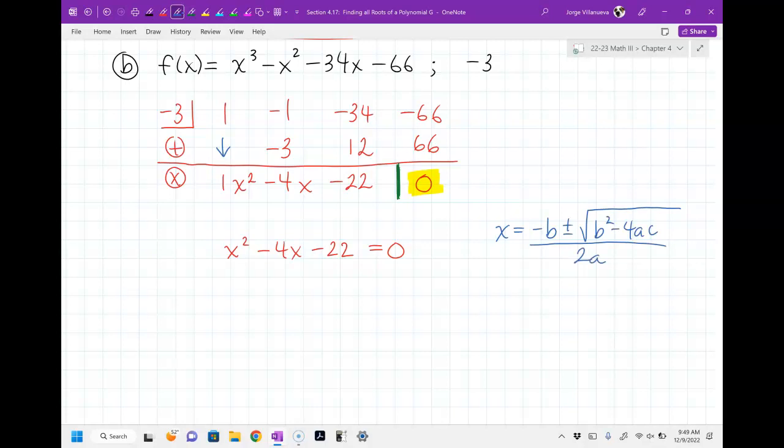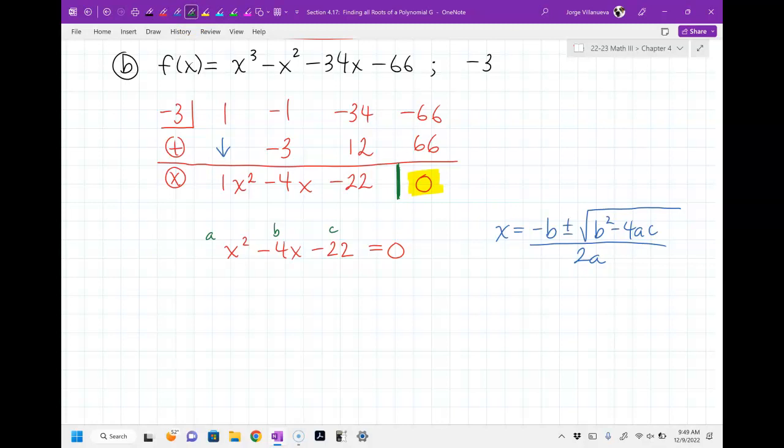And you're going to use that to find your other missing solutions. Because you can't use the x method, unfortunately. If you are able to use the x method, it should be easy. If you're not able to use the x method, then you're going to use this formula. Remember, this is your a, your b, and your c.